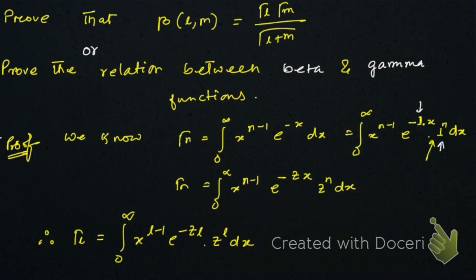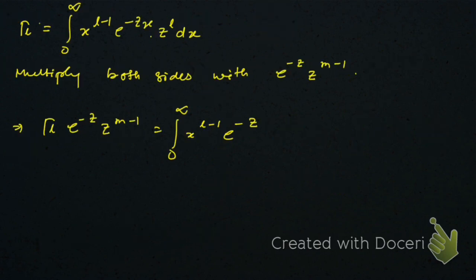So z x to the power L dx, and we have multiplied e to the power minus z and z to the power m minus 1 on both sides.